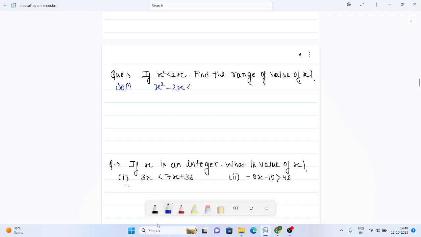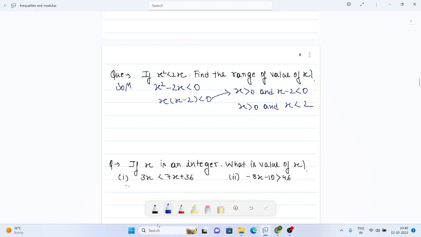We take all the variables on the same side and factorize, so it becomes x into x minus 2 is less than 0. So it is only possible in case 1: either x is greater than 0 and x minus 2 is less than 0. So it gives x greater than 0 and x less than 2.